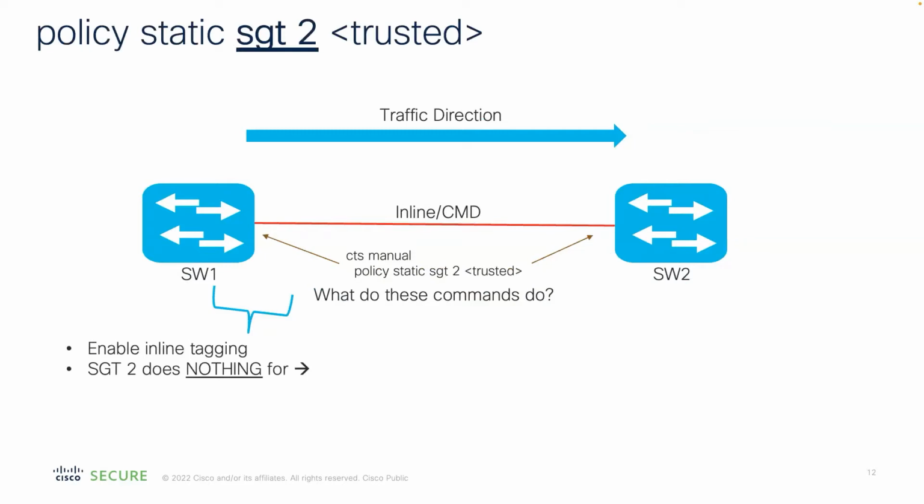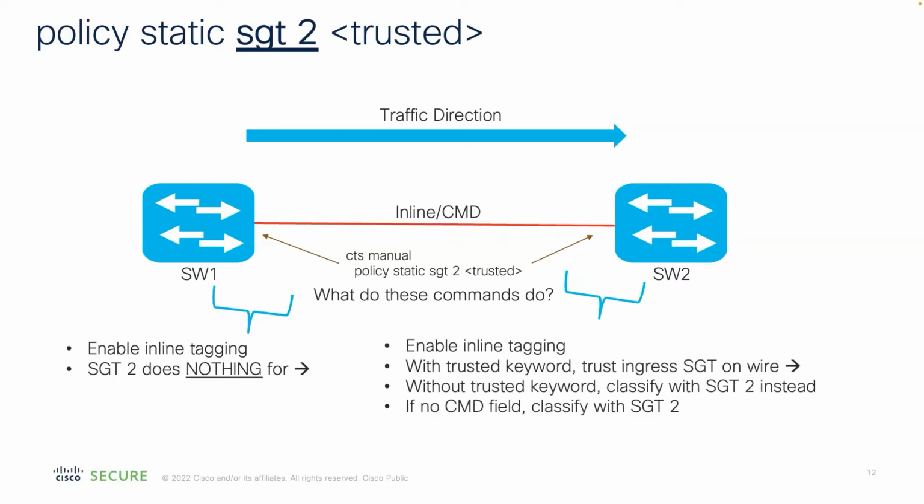When we do CTS manual, policy static SGT2 trusted, that is enabling inline tagging. It's enabling the use of the CMD field in the layer 2 frame. That's what it does. The policy static SGT2 trusted, SGT2 here does nothing for traffic on the left here, egressing switch 1. So nothing is affected egressing the box for this SGT2.